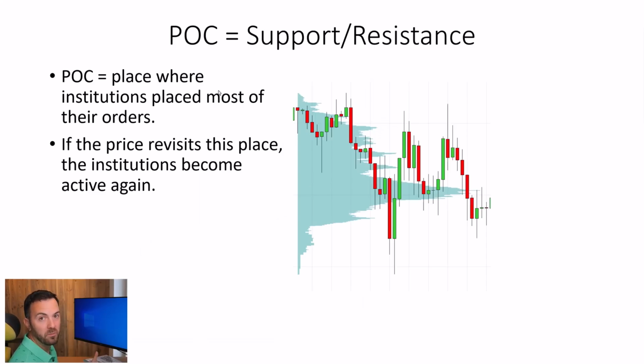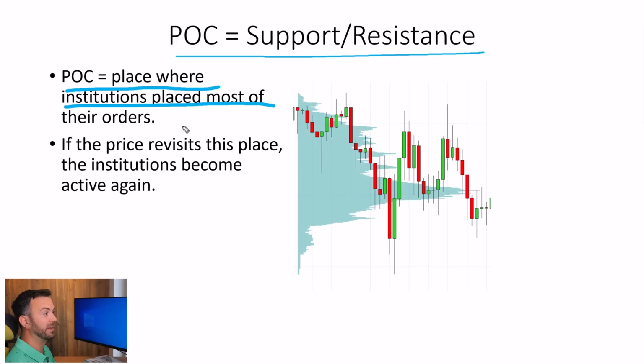Now the reason why I'm shooting this video and why point of control is so important is that it is a strong support and strong resistance level, right? As I was saying, the point of control is a place where institutions placed most of their trading orders.